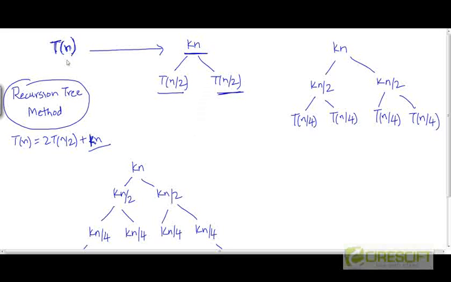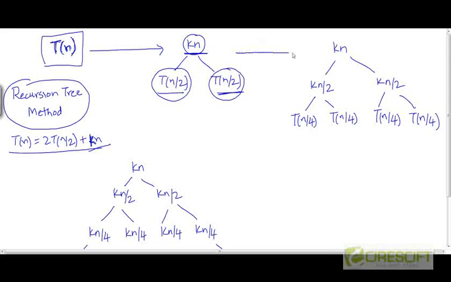Now the value of T of n is going to be the sum of the values of each of these terms, by definition. So k times n plus T of n by 2 plus T of n by 2 is equal to the value of T of n. Now in the next step of the recursion tree method, we are going to further open up these two nodes.